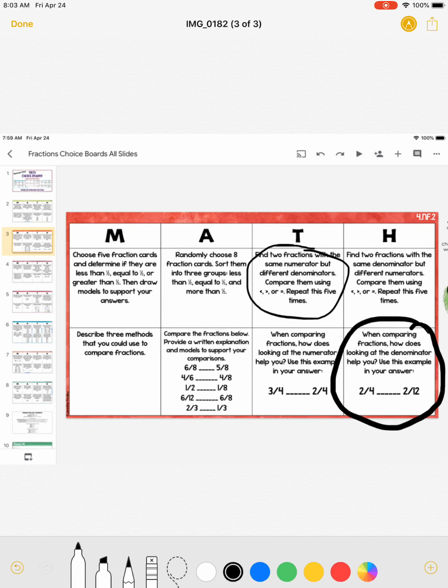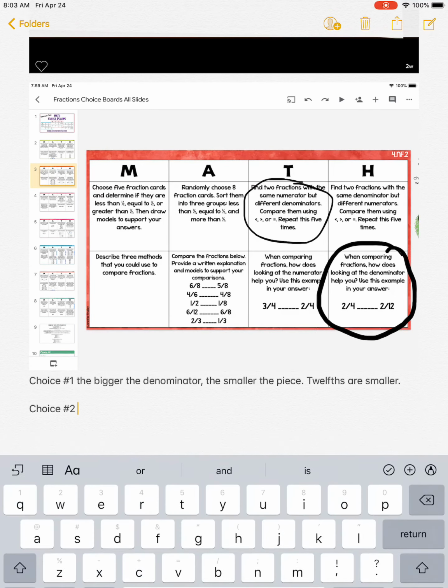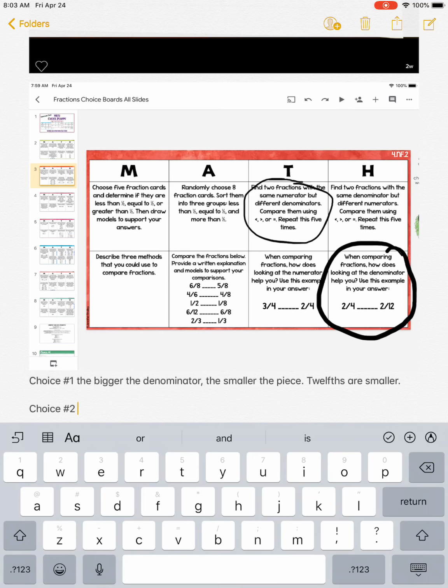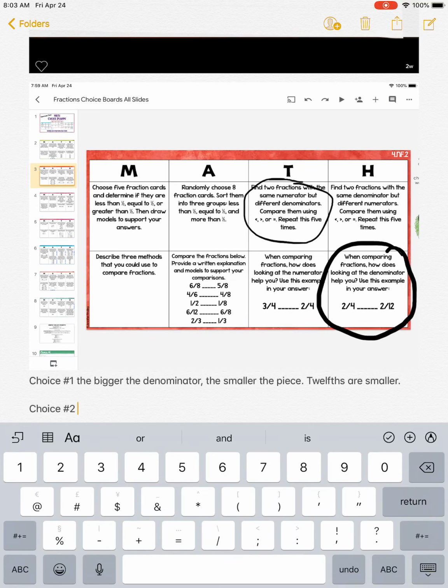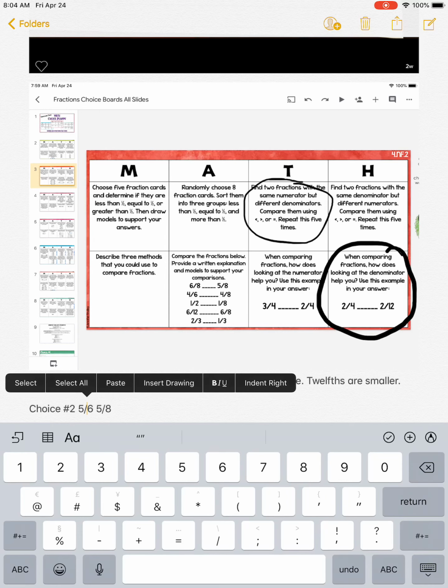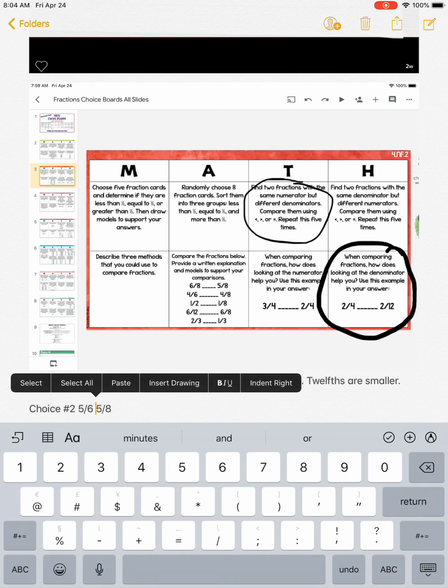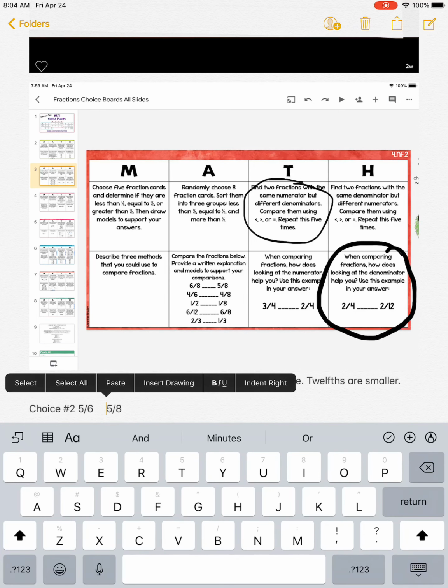Repeat this 5 times. So you can choose what types of fractions you're using. So remember, it says same numerator, so the same number on top, but different denominators. So I could say 5/6 and 5/8. And we need to compare them with greater than, less than, or equal to. Put some spaces in between.